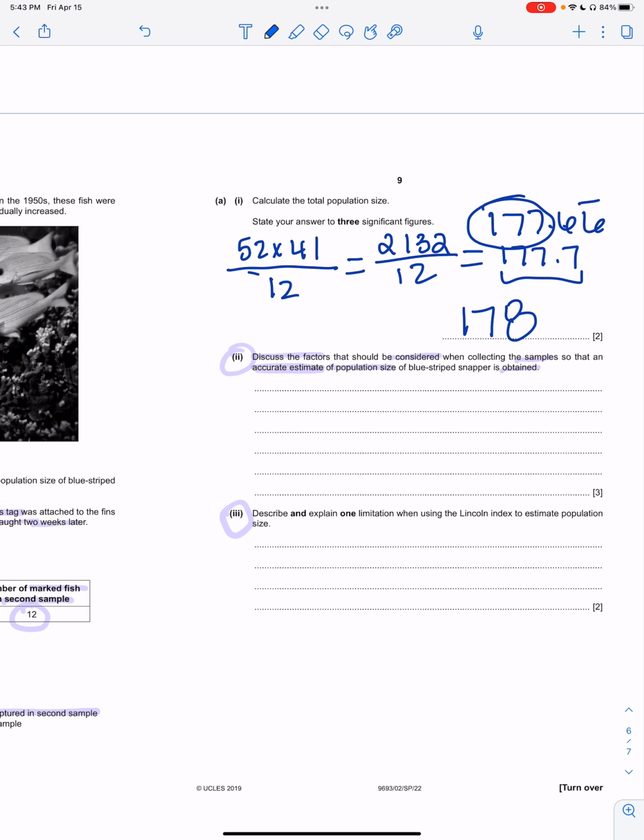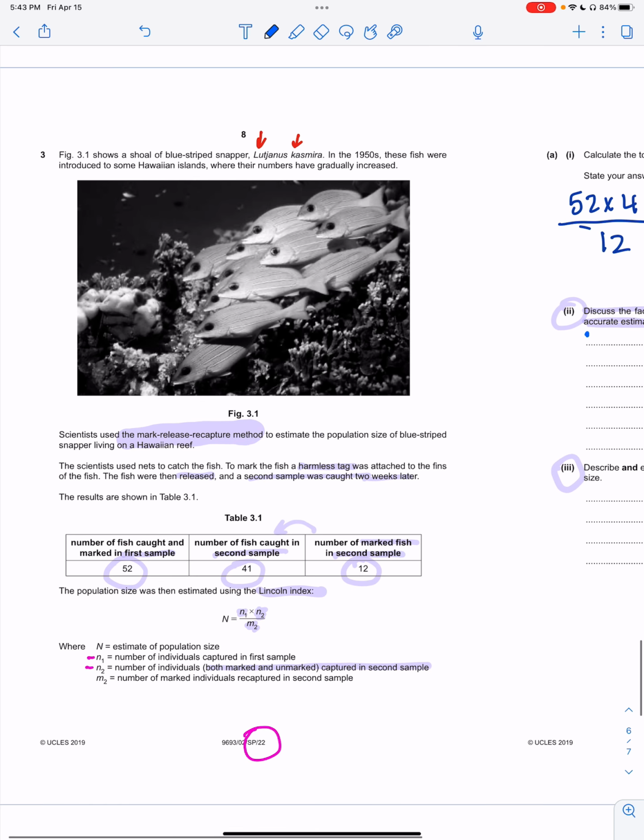One is the amount of effort, or really the work you're putting in, needs to be consistent. So if you are staying out for 3 hours one day, you're going to want to maintain that same amount of time on the second time that you go out there to capture them.